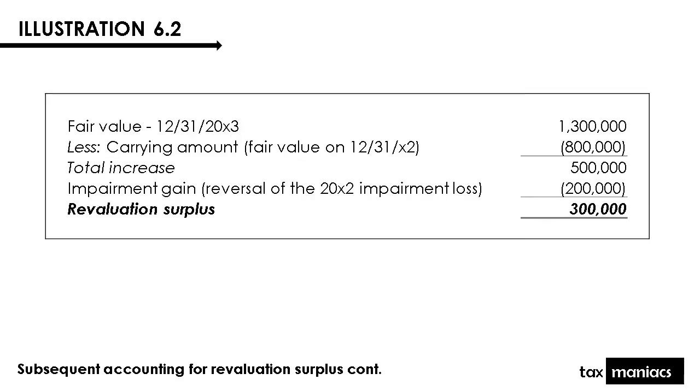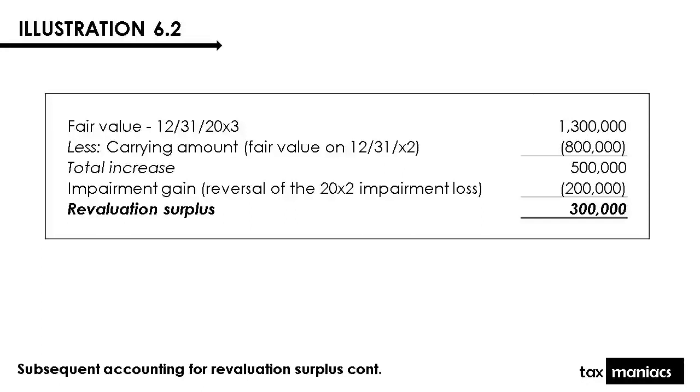The revaluation increase on December 31, 2003 is partly impairment gain and partly revaluation surplus. By using the formula, we have the fair value on December 31, 2003 of 1,300,000. We less the carrying amount or the fair value on December 31, 2002 of 800,000, we get a total increase of 500,000.